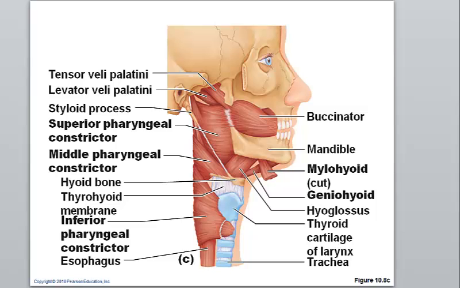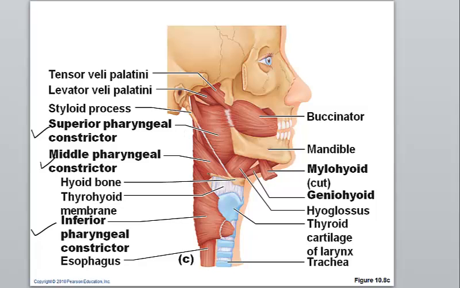The other type of neck muscle that is important for swallowing is your pharyngeal muscle. You have three different types of pharyngeal muscles in your body: superior pharyngeal constrictor, middle pharyngeal constrictor, and inferior pharyngeal constrictor. They also help in swallowing by constricting the pharynx.